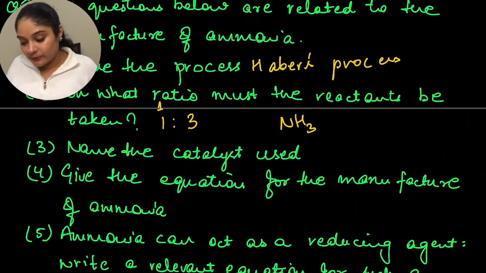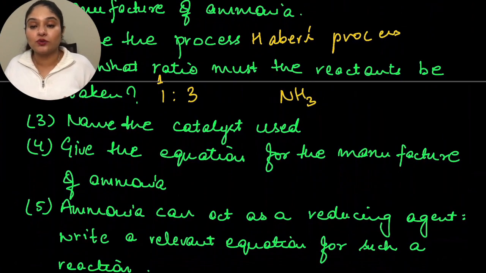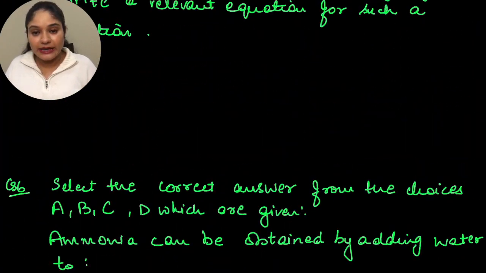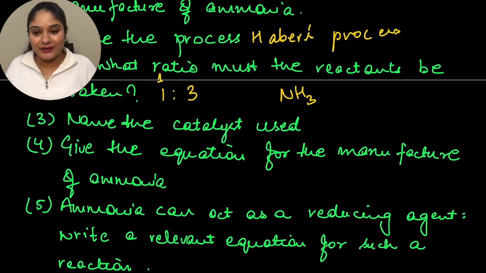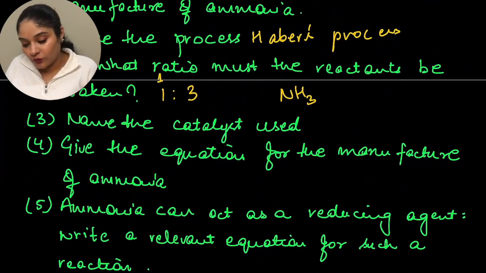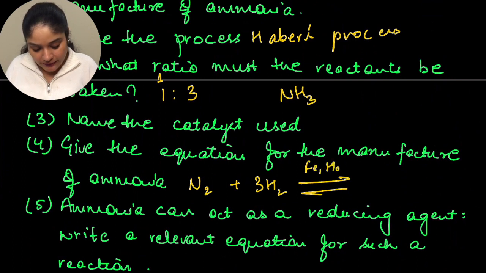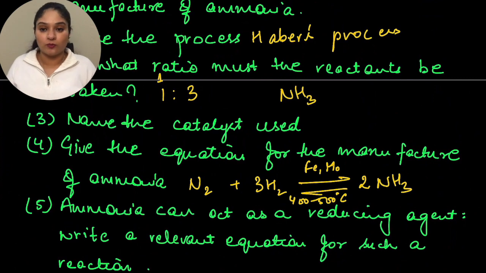The next is, name the catalyst used. In this case, you use finely divided iron as a catalyst. Then the next question is, give the equation for the manufacture of ammonia. So you just have to give the equation. That would be nitrogen plus hydrogen in the presence of finely divided iron or molybdenum, at a temperature of 400 to 500 degrees Celsius, and this will give you 2 ammonia molecules.